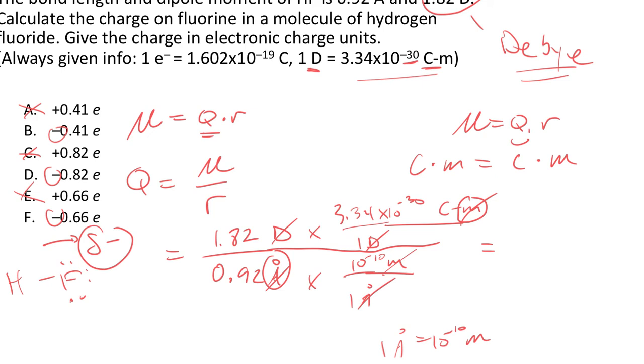So we go 1.82 times 3.34 times 10 to the minus 30, divide by 0.92 e to the minus 10. So I get 6.61 times 10 to the minus 20 coulombs.